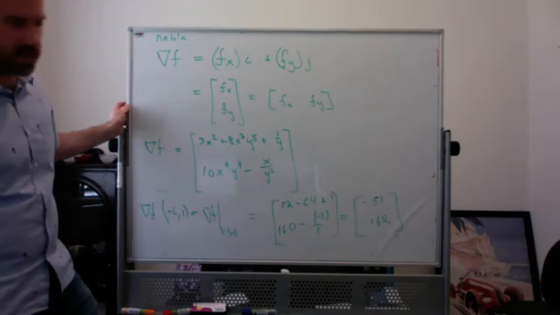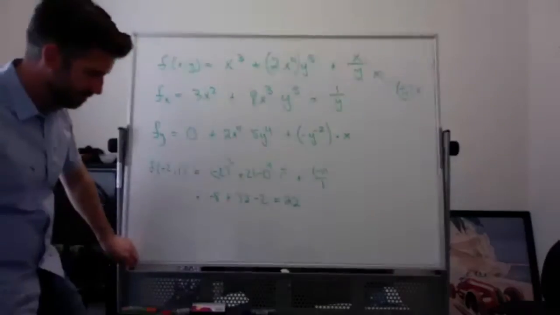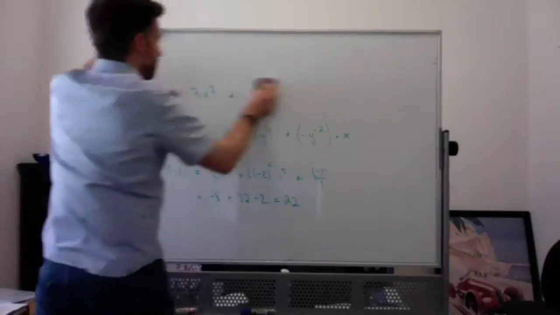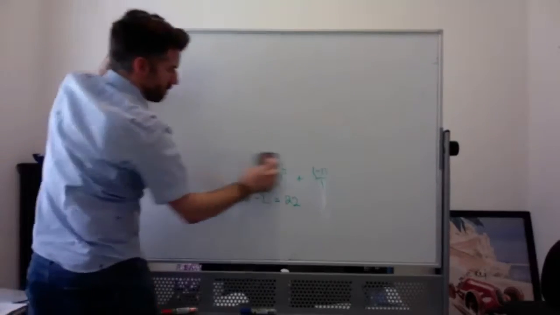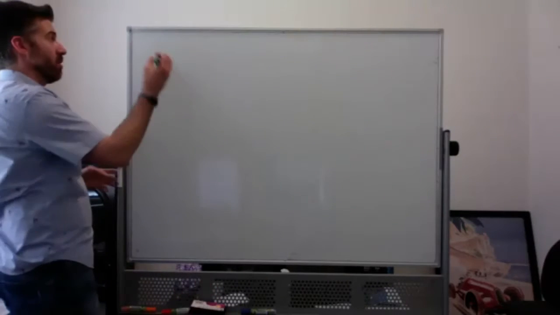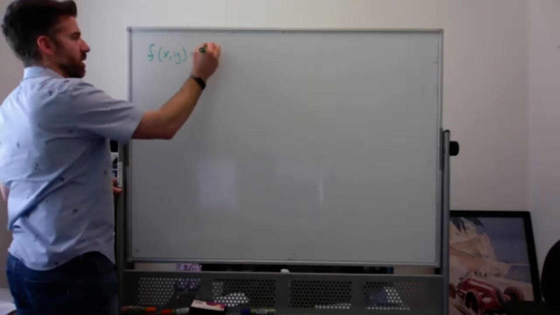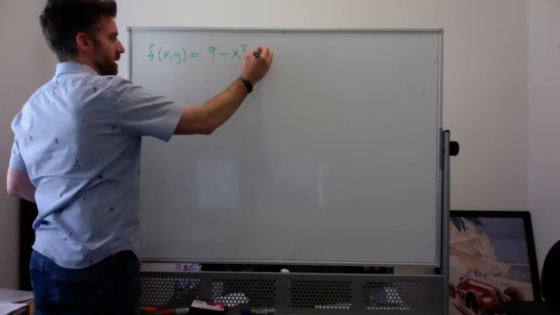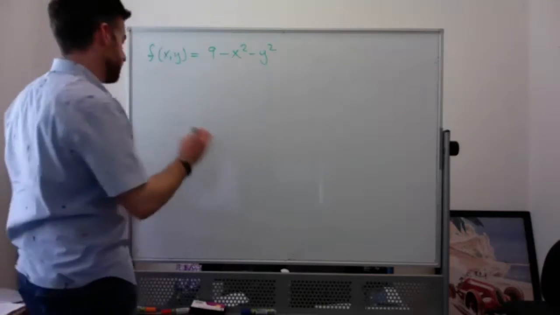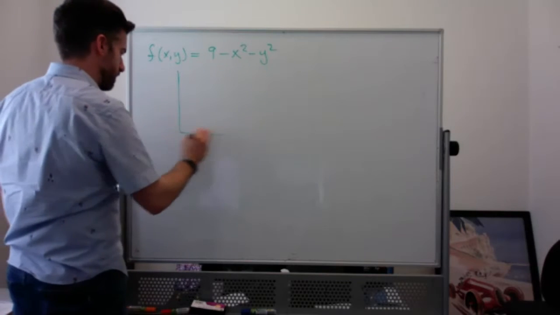Let's look at another example. I'm going to go back to my favorite example. Maybe not my favorite, but an easier example. So we're going to look at the downward opening paraboloid, which I've definitely used in this class already. 9 minus x squared minus y squared. It's very convenient. I'm not terrible at drawing it. I could actually draw it on the plane, I guess.